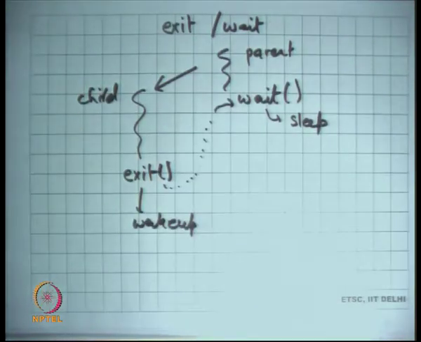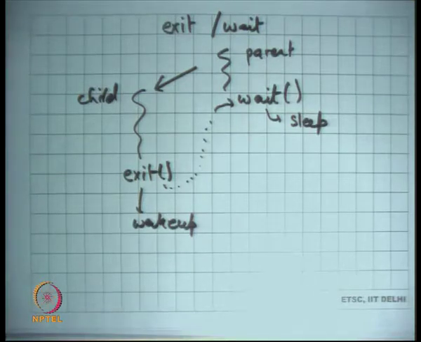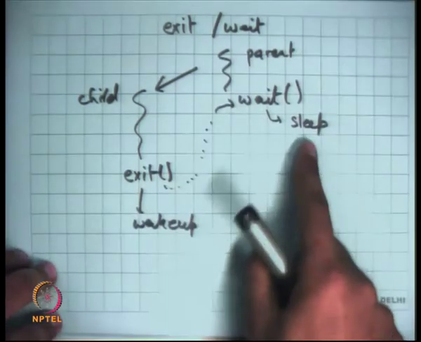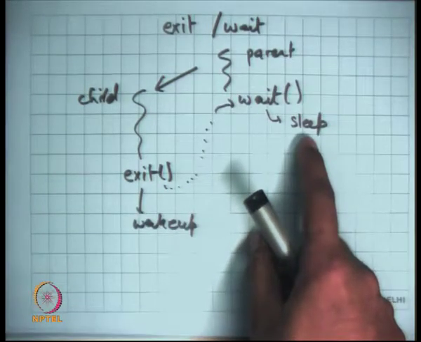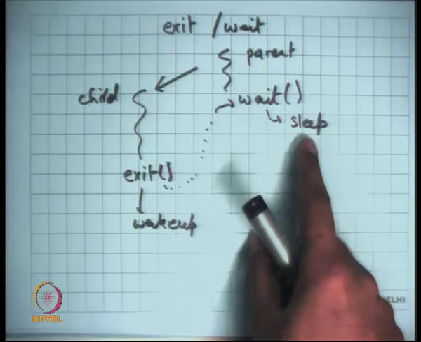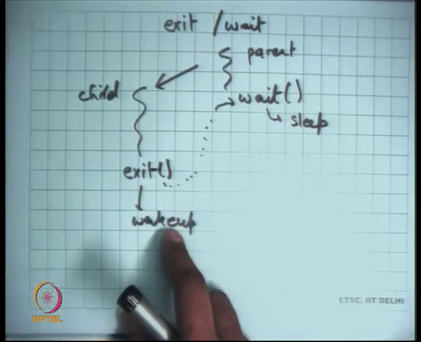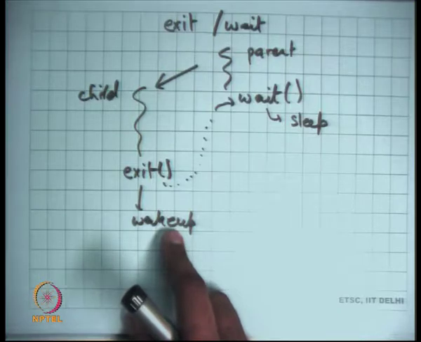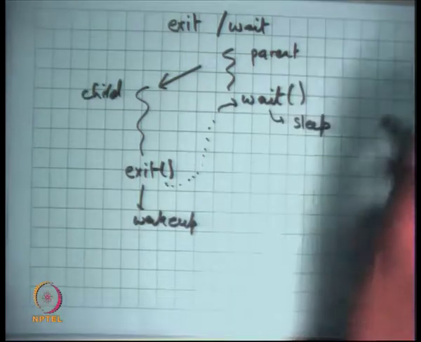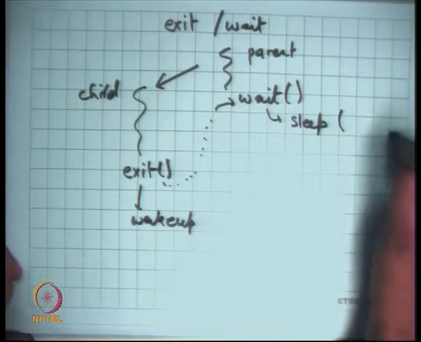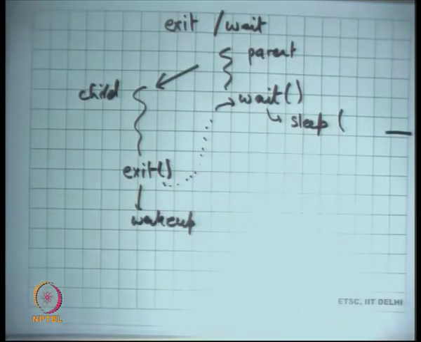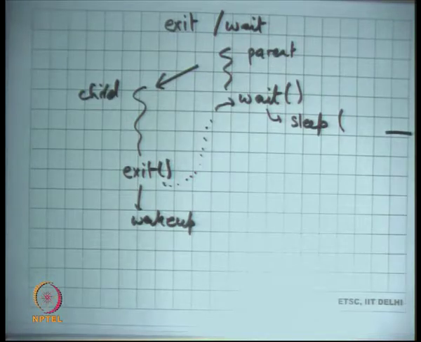So if a parent is waiting, and a process exits, then it's going to wake up the parent so that it comes out of the wait. I'm saying that the waiting can be implemented using sleep, and telling the parent that I have exited can be implemented using wakeup. What mutex should I use inside my sleep and wakeup?